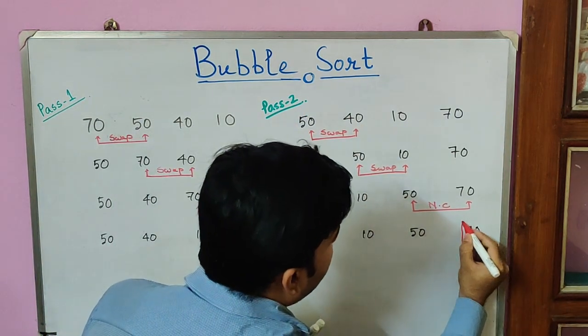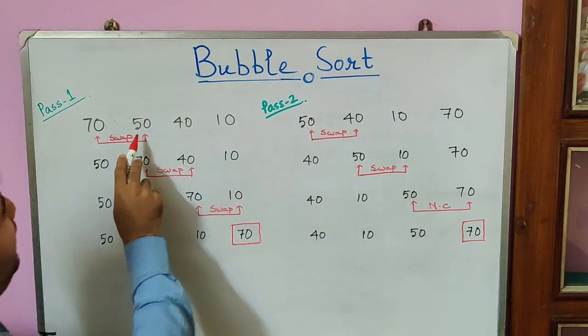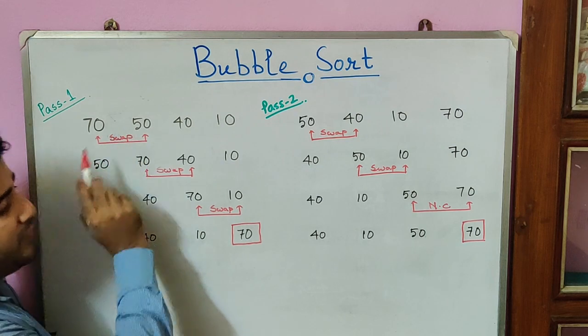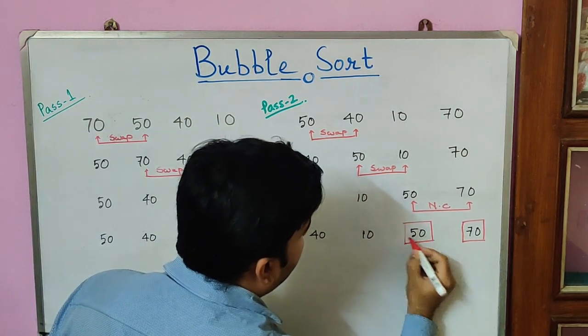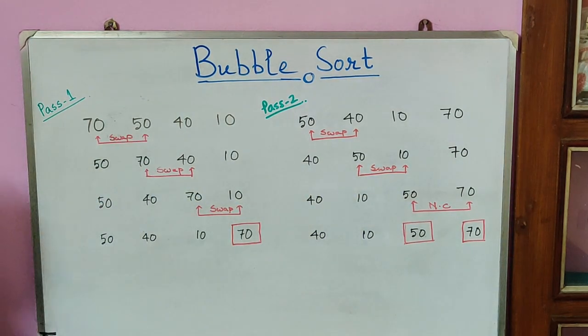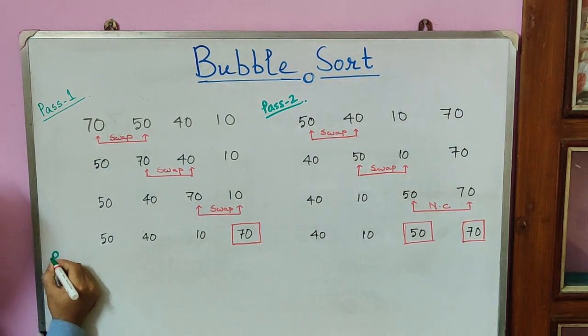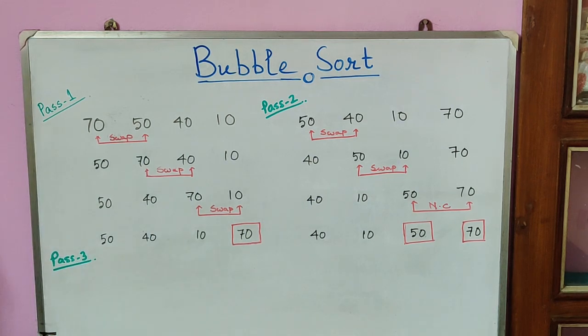Now you can see the next higher element, 50, is already sorted here. It's already sorted, so only these two we need to sort in pass 3. So here I will write pass 3.